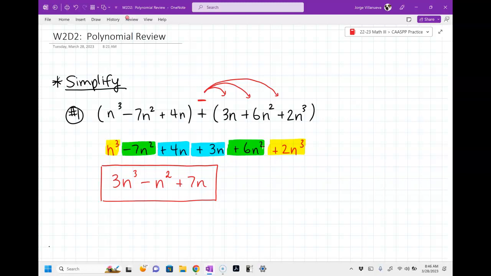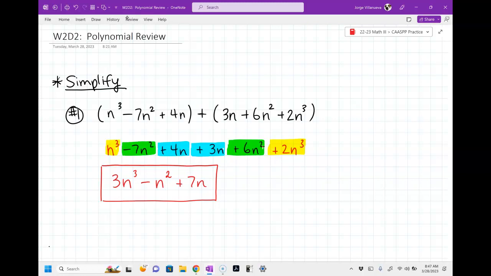Both are addition, so there's no minus problems in there. I don't know why the person who made it didn't do one, because that would have been helpful to practice. But you can practice one just by changing it to a minus and then distributing. So again, if it's plus, don't worry about it. Just write it out like normal. If it's a minus, though, you are going to have to distribute that.